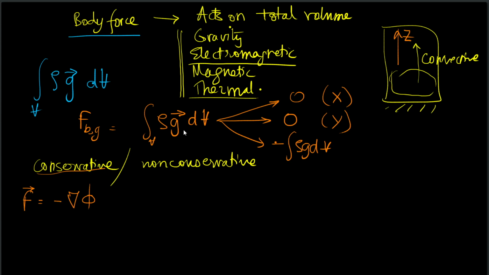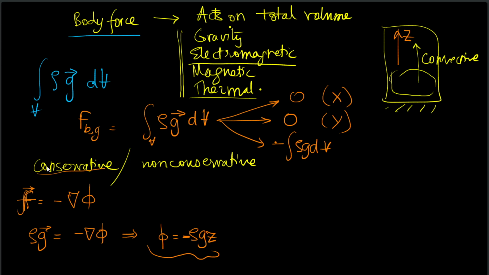Okay, so in the case of gravity, we can write, so let this be the force per unit volume. So small f, rho times g is equal to minus grad phi. So the phi which satisfies this is minus rho gz. Okay, so this is like the potential.